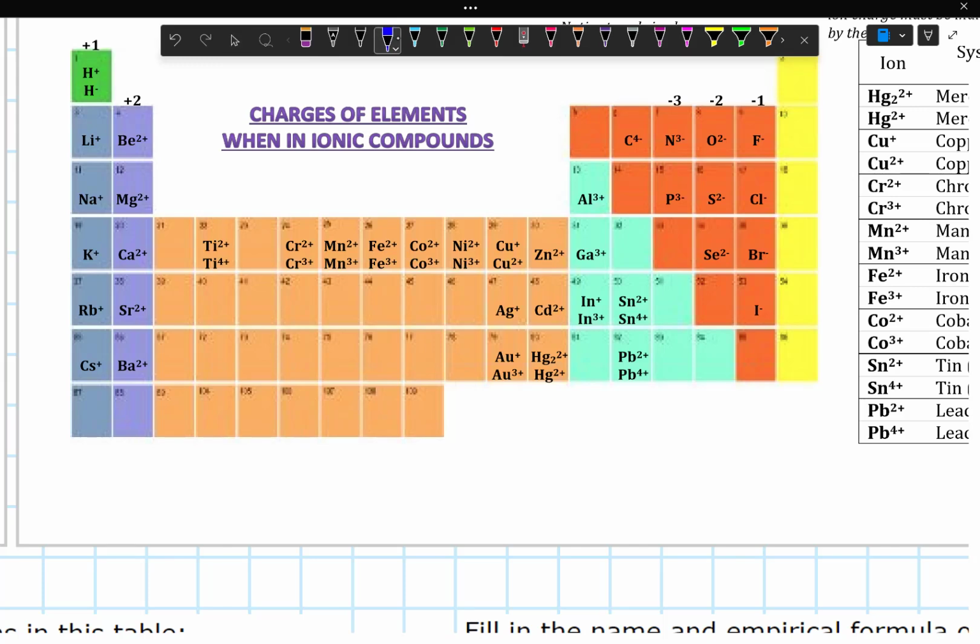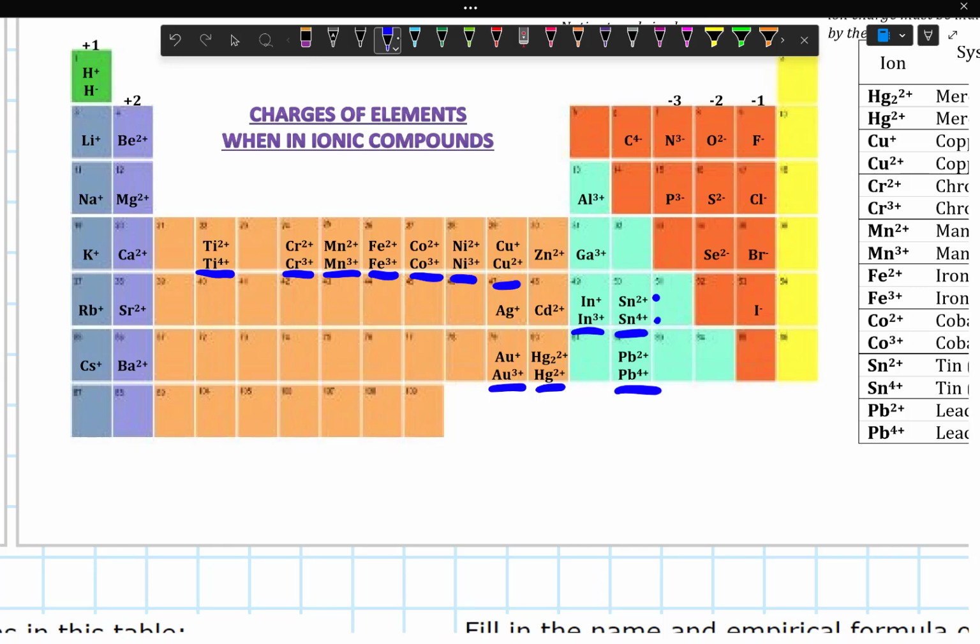So, as you can see, titanium, chromium, manganese, iron, cobalt, nickel, copper, gold, mercury, indium, tin, lead. All of these have 1, 2 possible charges to them, right?